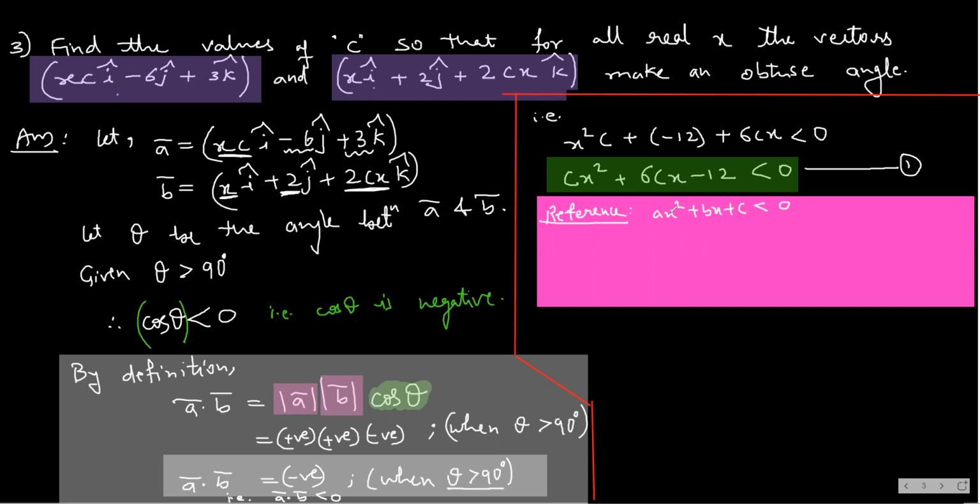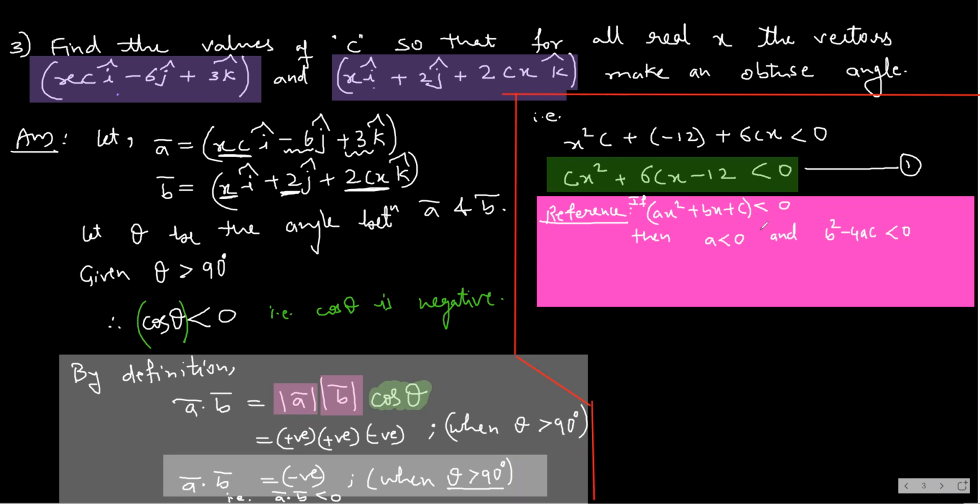So reference is ax square plus bx plus c less than 0 implies, if ax square plus bx plus c is less than 0, then always remember that a is less than 0 and b square minus 4ac is also less than 0.